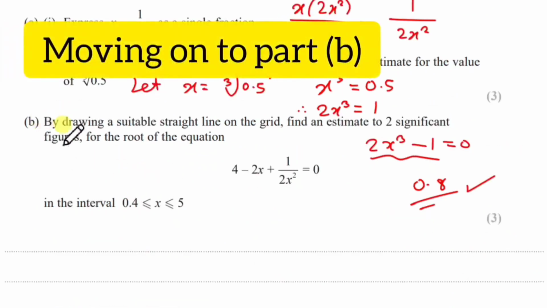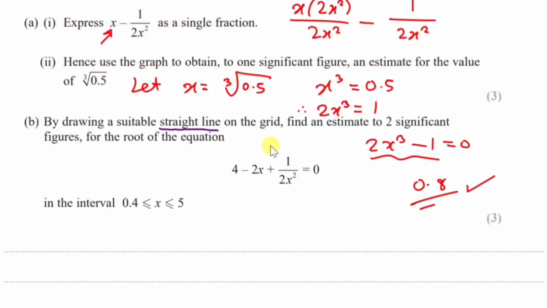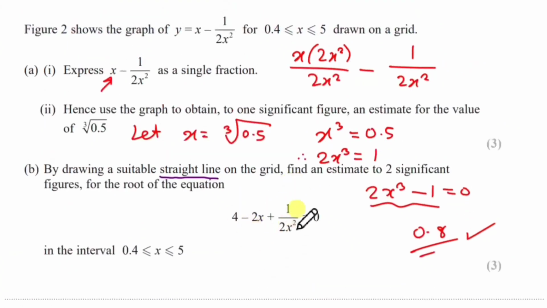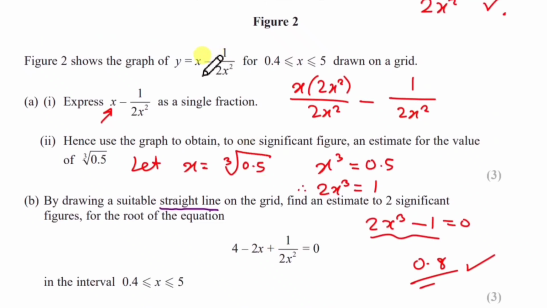It says, by drawing a suitable straight line on the grid, so they've actually given us a hint about what straight line we're going to draw, find an estimate to two significant figures for the root of the following equation for the same interval. At first glance, we need to recognize, does this look familiar? If you look back at the earlier question, you can say yes.